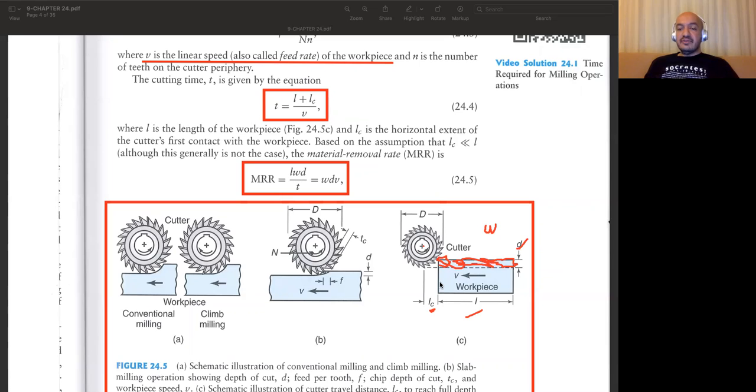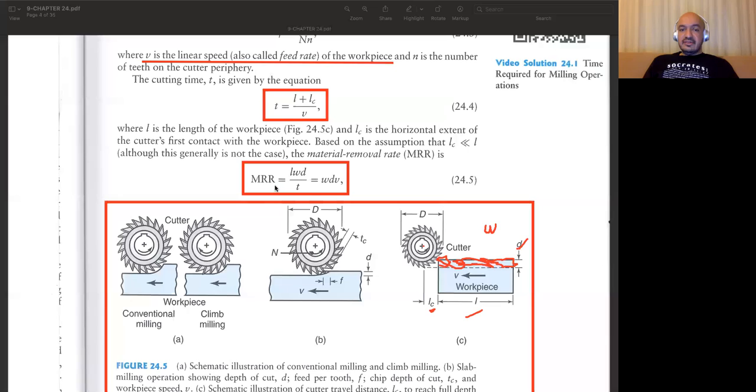So that's why we are summing L and LC together. This is the total distance we have during the material removal from this workpiece, and then we need to divide it by the speed of our workpiece, which is V. So once you do this division, you can obtain the cutting time T.